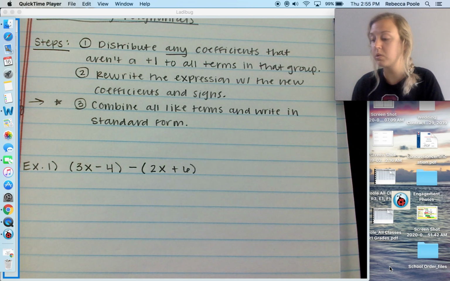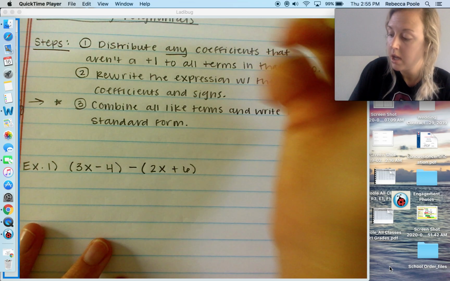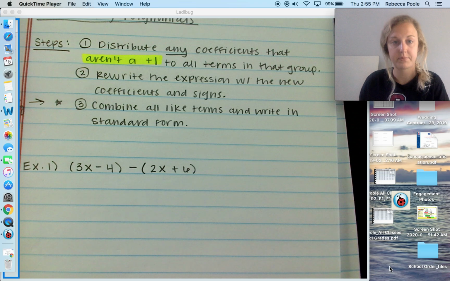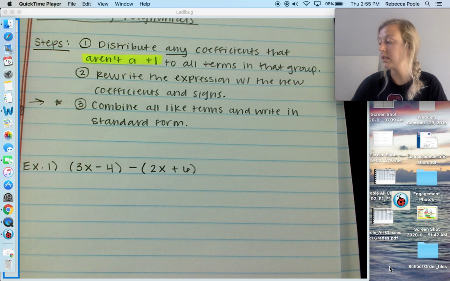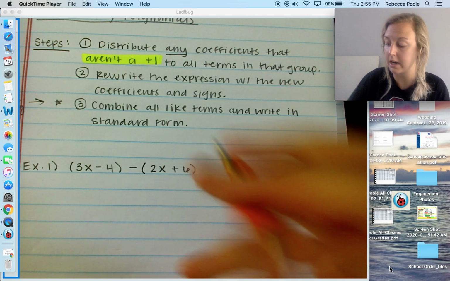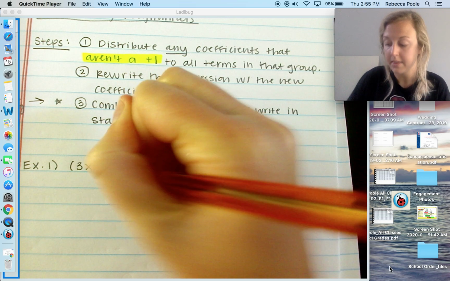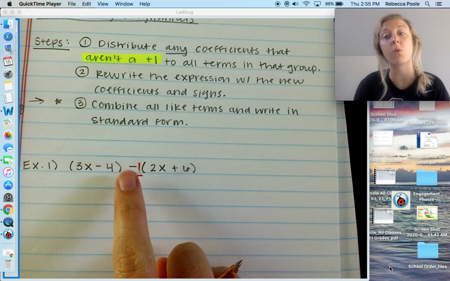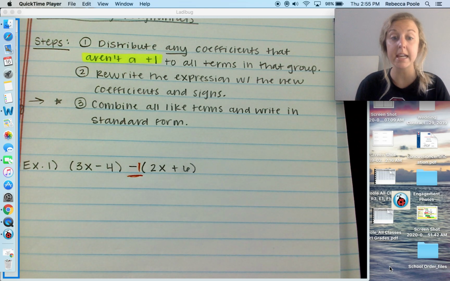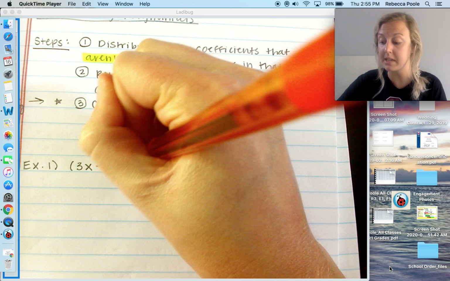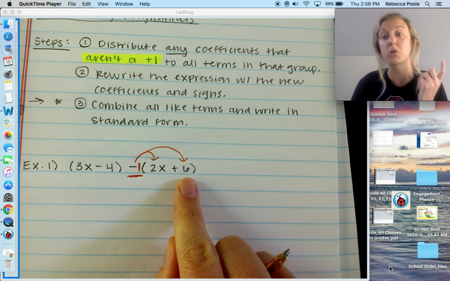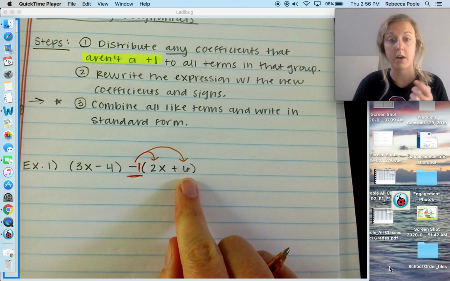But this is the really important part from step 1. Any coefficients that aren't a positive 1, okay? I need you guys to look at this example right here. That's not a positive 1. Remember, there is an understood 1, but what kind of 1 is it? It's negative, so we need to distribute it, okay? Because what this negative 1 is going to do is it's going to change my signs. Subtracting changes your signs, all right?